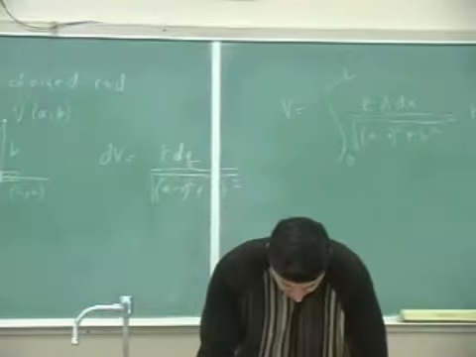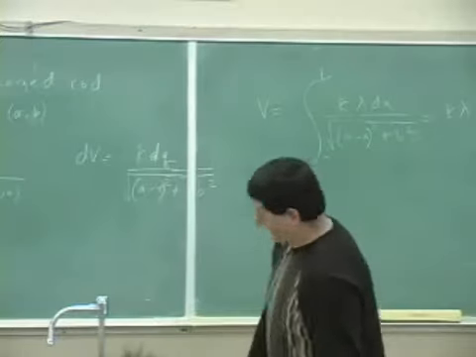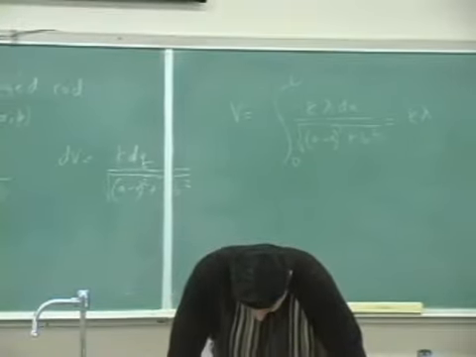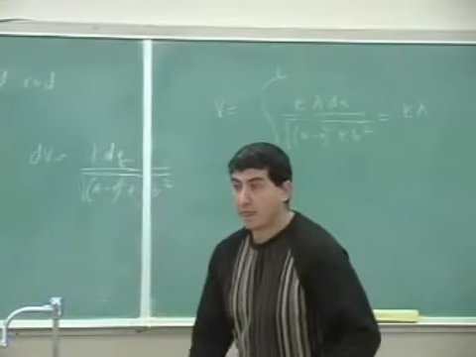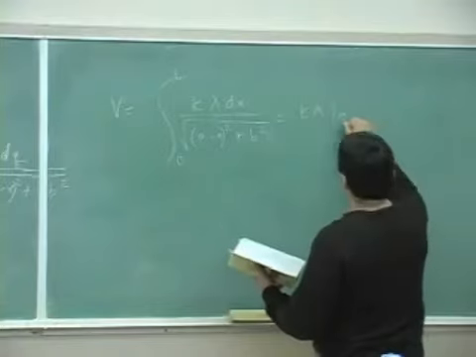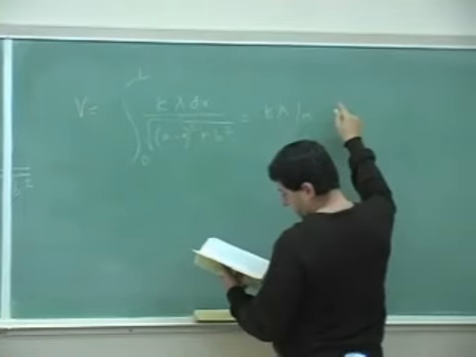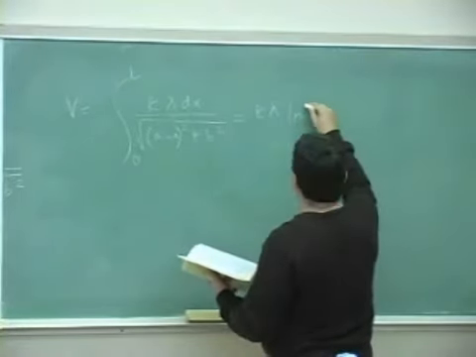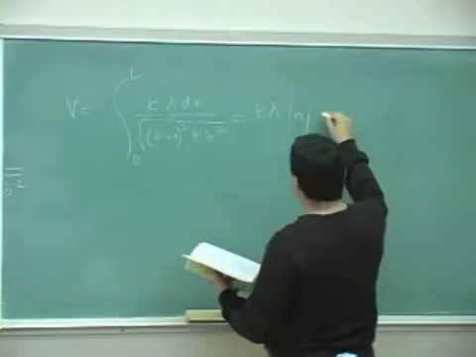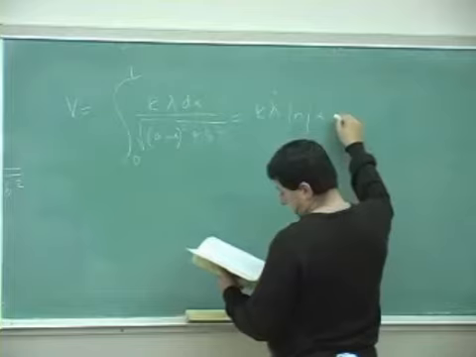Okay, so what is that form there? One over square root, let's look here. It's going to be ln, right? And then it's going to be u.